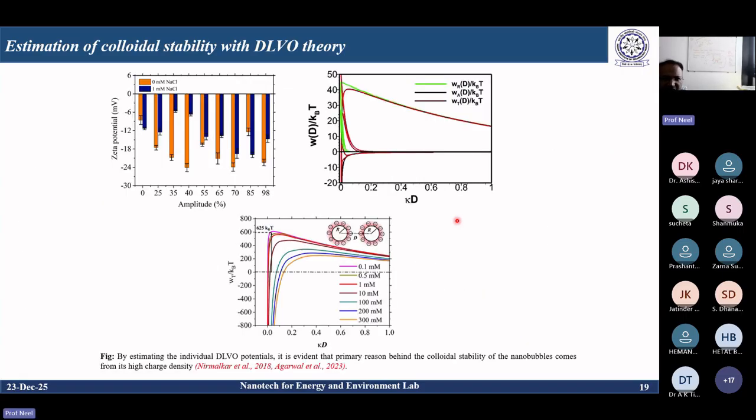Similarly, in the water medium, the bubbles are seen to be colloidally stable. And the barrier that we have seen is very, very high. The energy barrier that we have seen is 625 kBT, which is considered much higher than the threshold for colloidal stability. We can say the bubble is colloidally stable because the energy barrier is quite high.